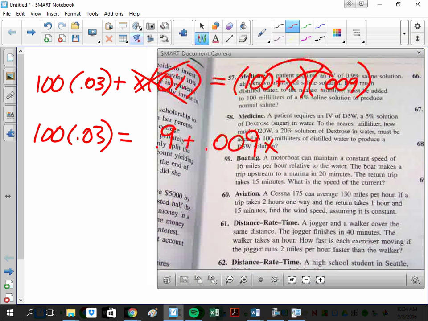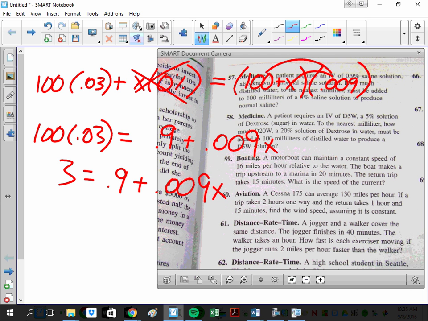And it's okay if you try something and it doesn't work. That's how math is. Give it a try. If it doesn't work, try something different. So 3 equals 0.9 plus 0.009x. Subtract 0.9.